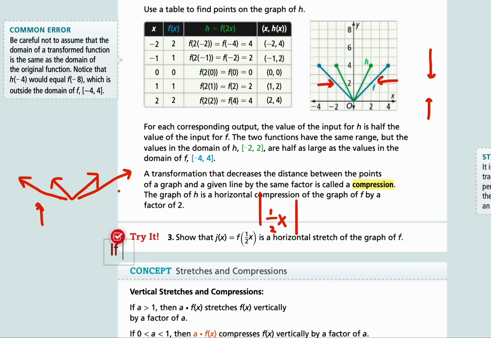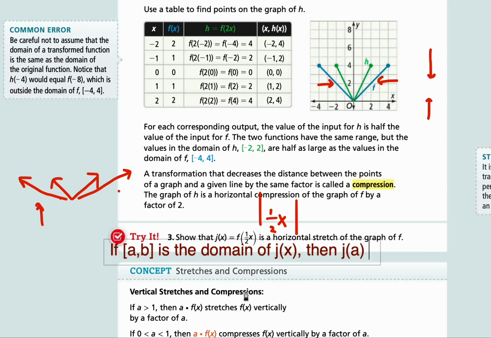So we can say for any graph, if a comma b is the domain of x, or of j of x, then j of a, so if you plug in the end value for this one, j of a should be f of 1/2 a.